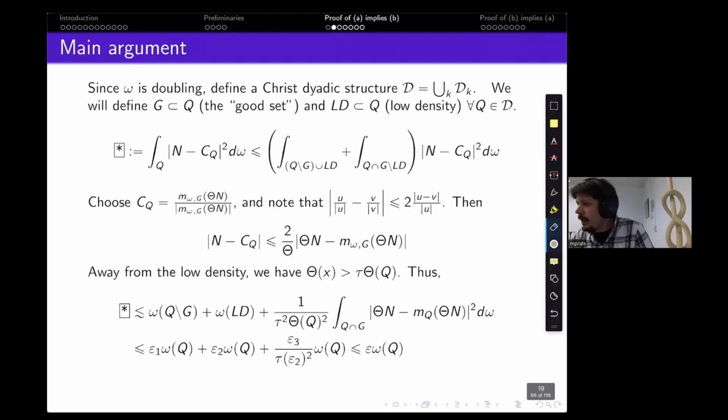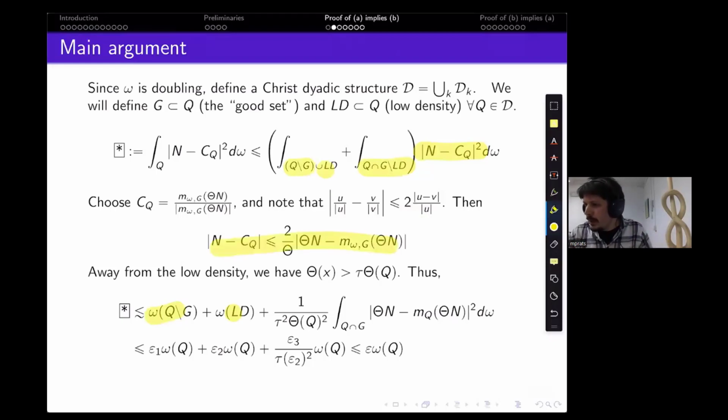So we separate these three integrals, and now we have three regions. The integrand is unit. One minus one is at most 4. Okay, it's at most 4 because it's squared. So you can bound this by the measure of this set plus the measure of this set plus this integral. And in this integral, you use this inequality because you're away from the low density part.